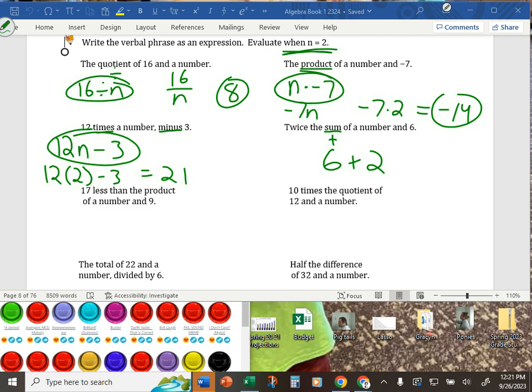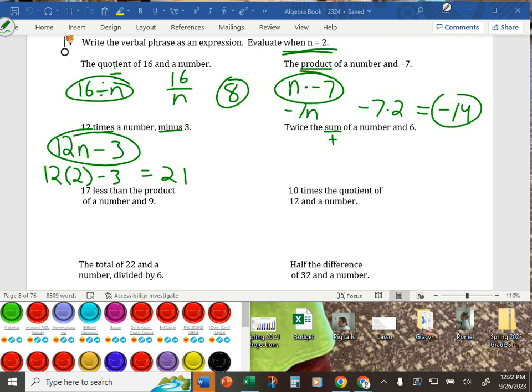Twice the sum of a number and 6. So it's n and 6. 6 plus n, because n is 2. But we're not there yet, I want the expression, so use n.